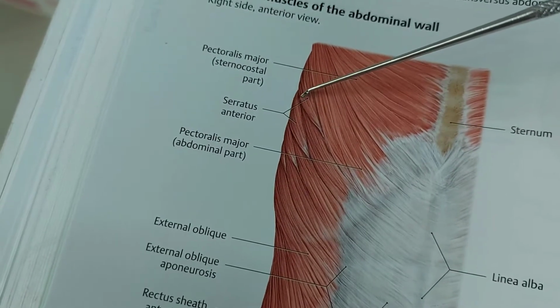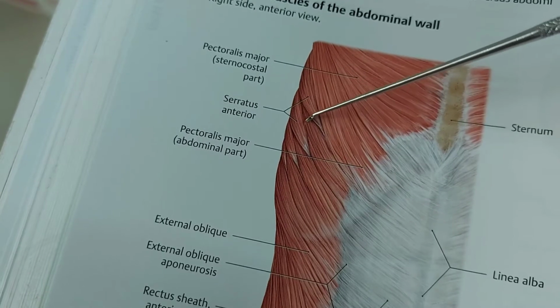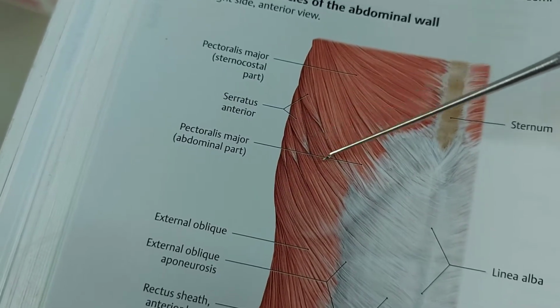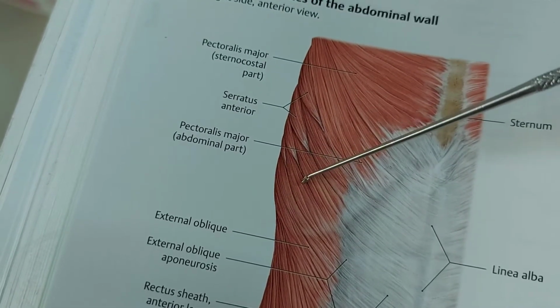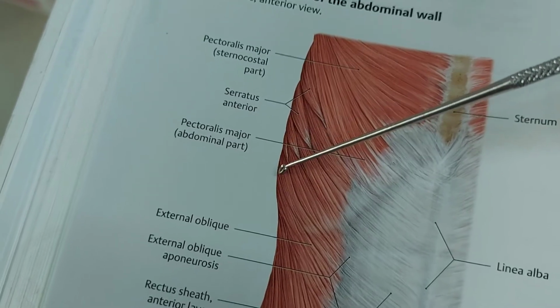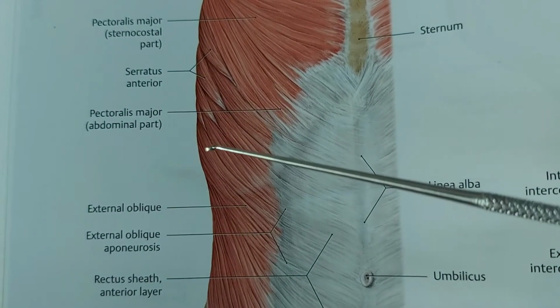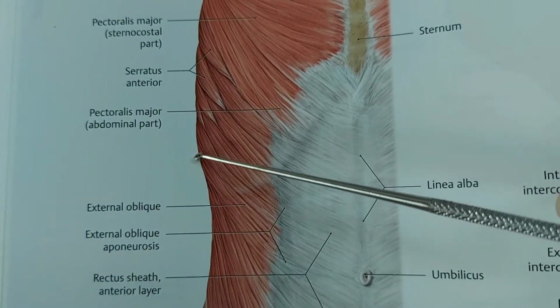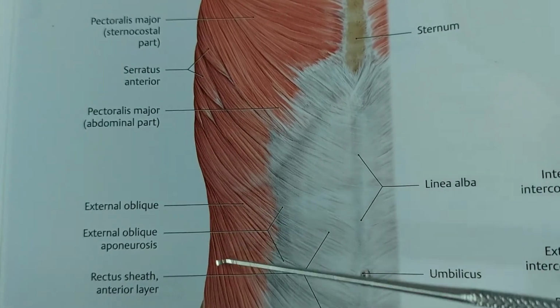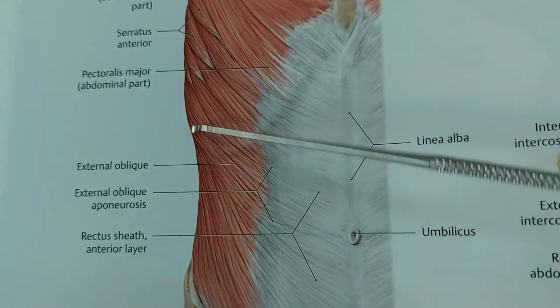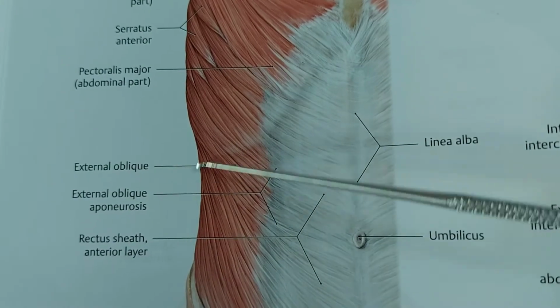Here we see the serratus anterior muscle. In between there are the fleshy slips of the external oblique, 1, 2, 3 and 4, and the lower 4 fleshy slips of the external oblique muscle arise from the latissimus dorsi muscle. Here we see the lower 4 interdigitations.